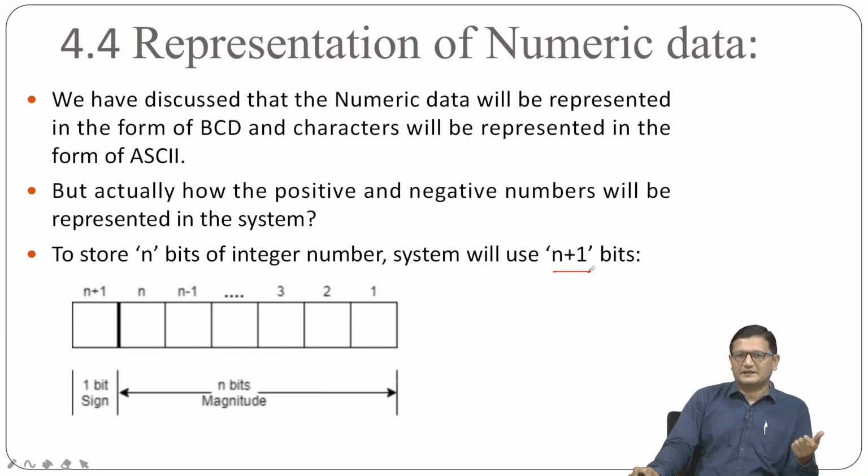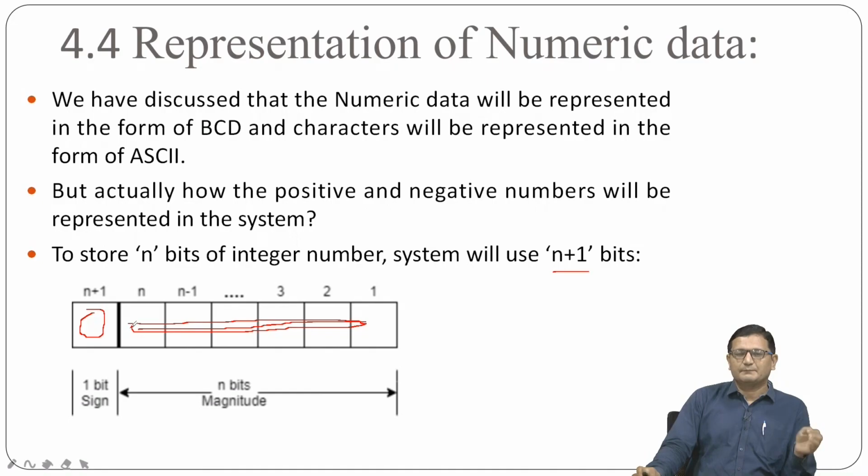Now why n plus 1 bits? Obviously the magnitude of that number gets stored here, and the 1 bit is used to represent the sign. Suppose the value is 45. Here the binary of 45 gets stored in this area.